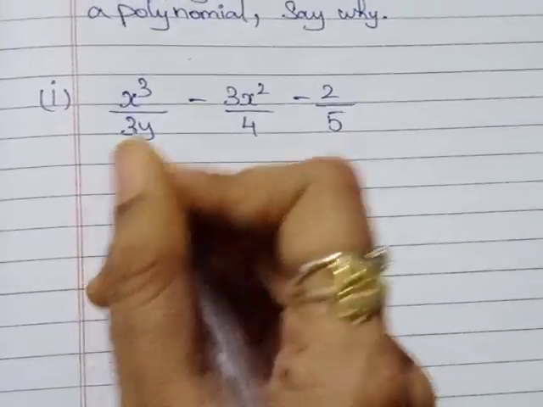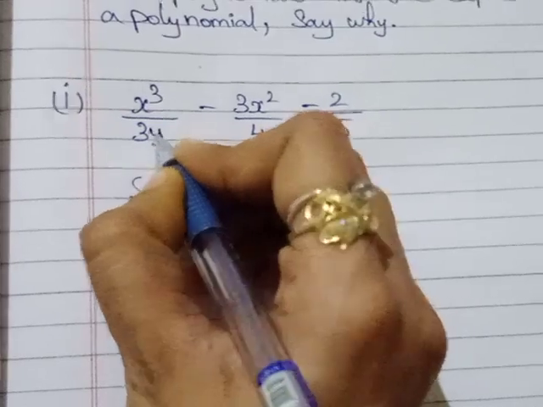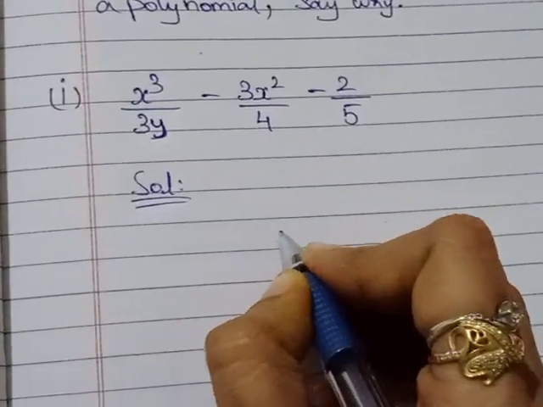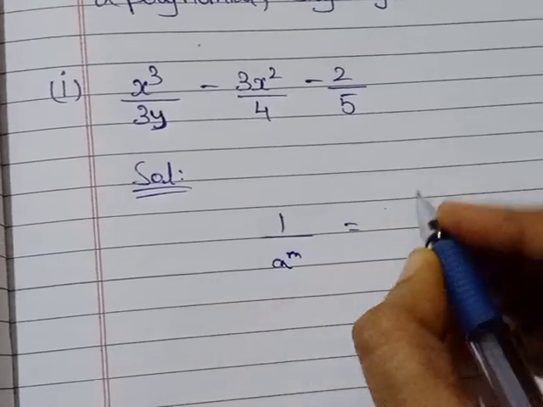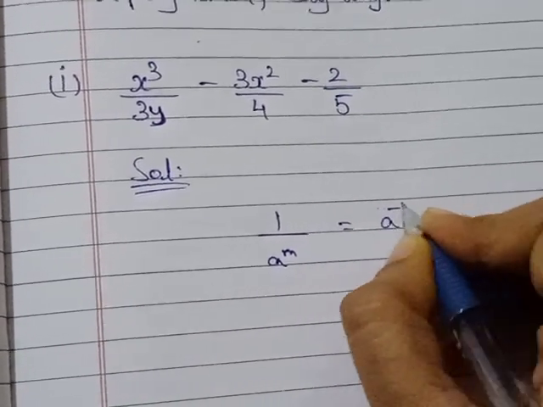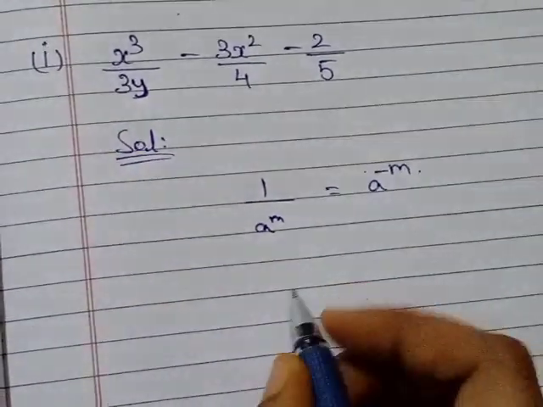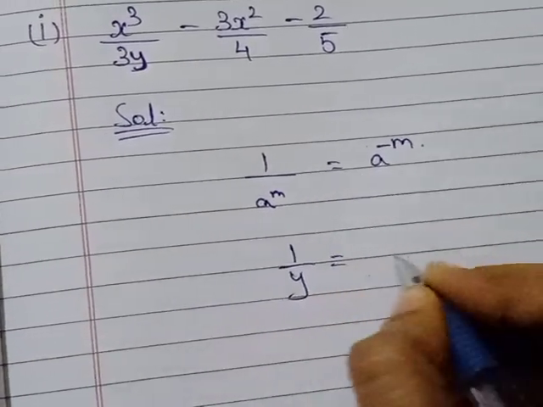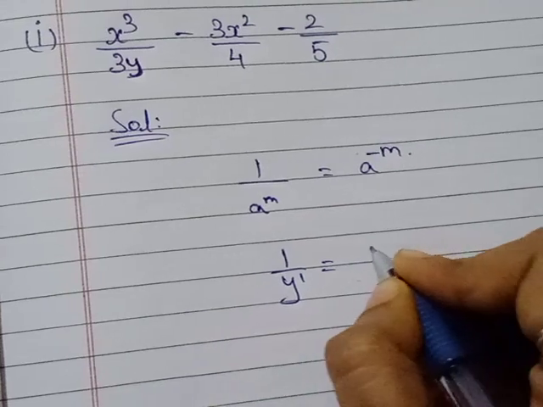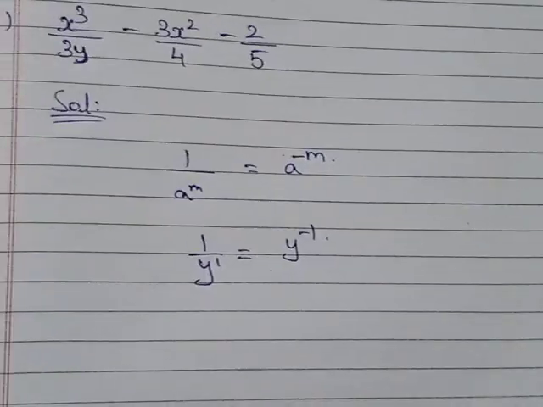In this expression, the y is in the denominator. The law of 1 by a power m is equal to a power minus m. Here 1 by y is equal to y power negative 1.